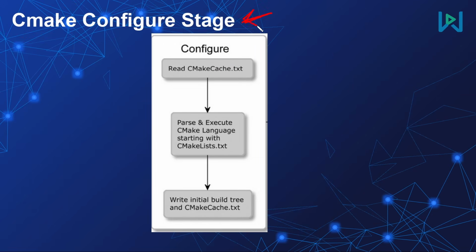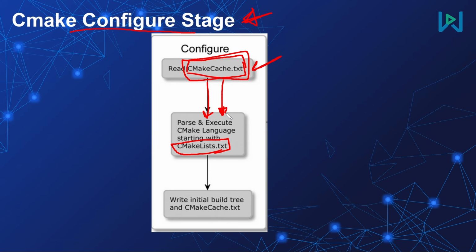For the first stage, which is the CMake configure stage, CMake, first of all, will check if we already have an old generated CMakeCache.txt. If yes, then it will parse this file, then parse this CMakeLists.txt, and then combine both inputs.